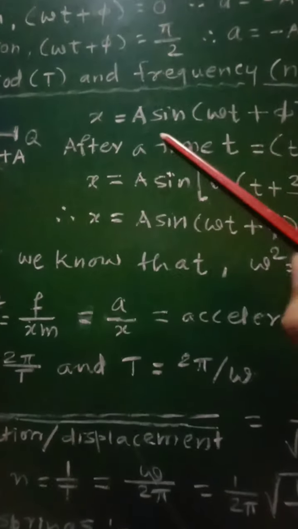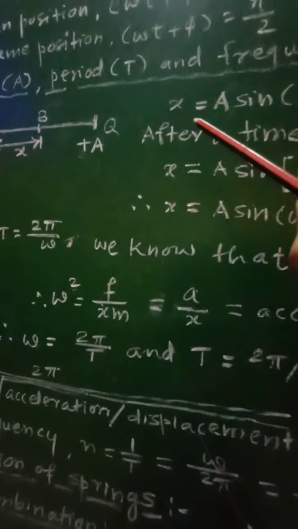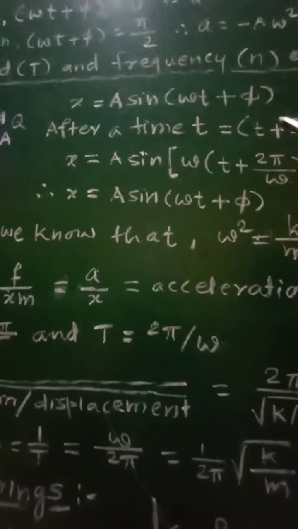So already we have considered here x is equal to a sin(omega t plus phi).